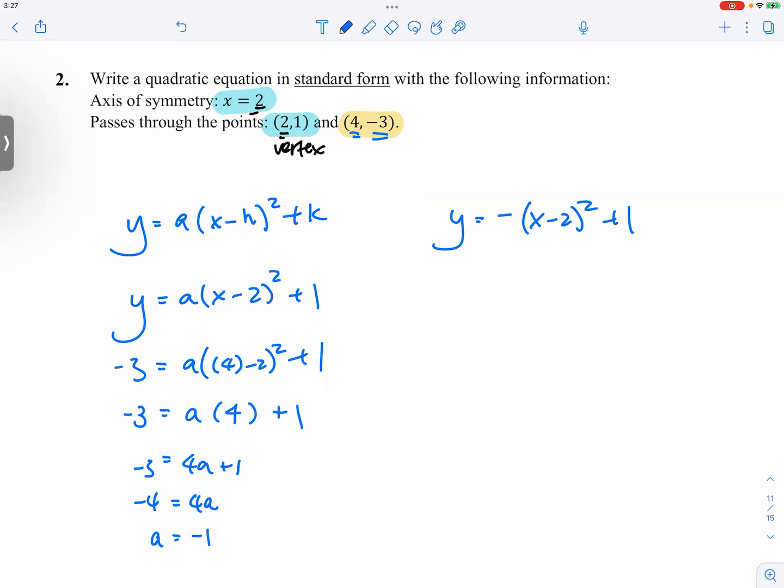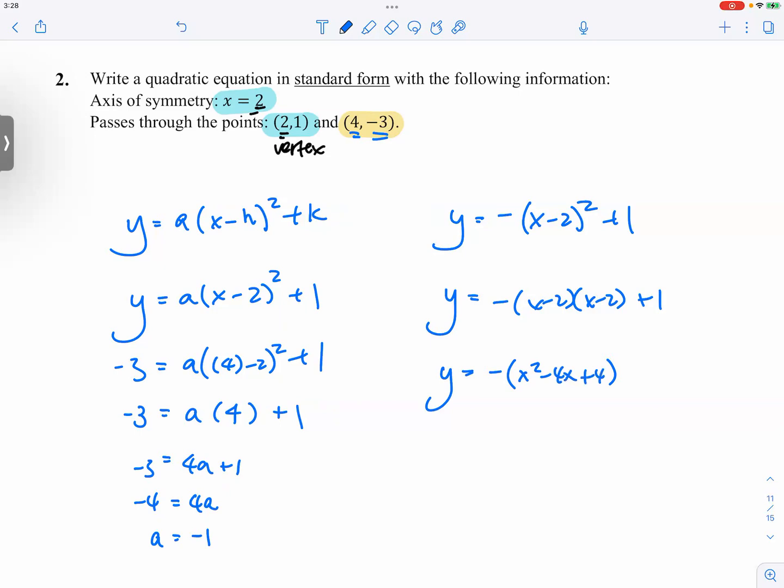However, we are asking for the standard form, so this is what we would do. We would actually have to do the expansion, because in the standard form, there are no parentheses. So we have to multiply out the (x minus 2) squared, so that you have x squared minus 4x plus 4.